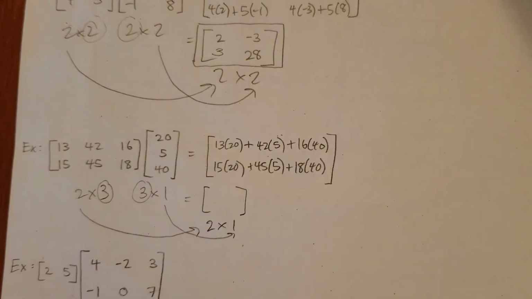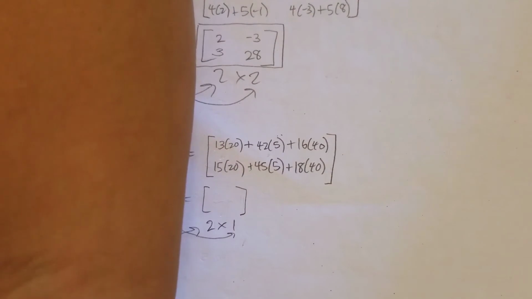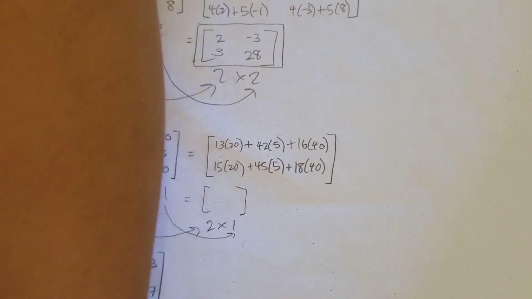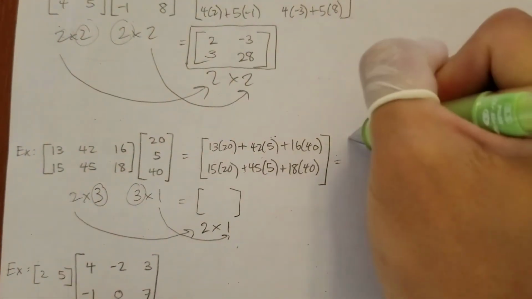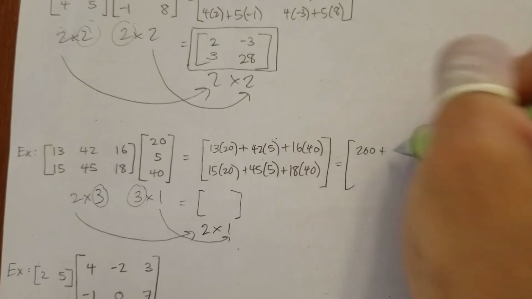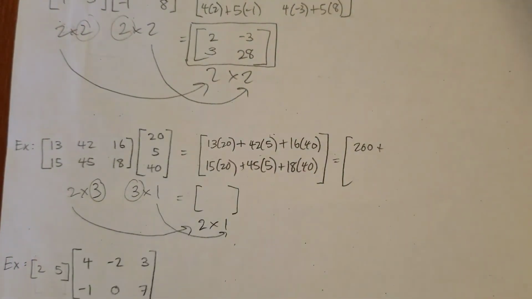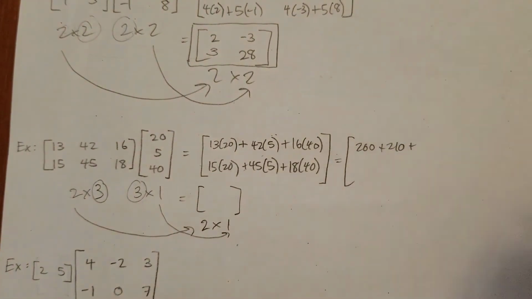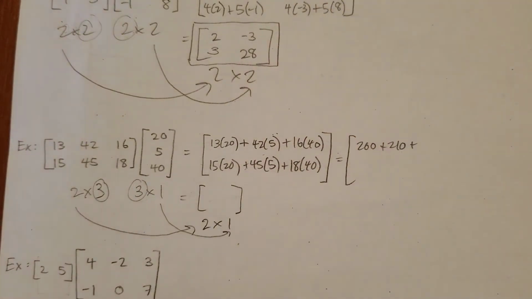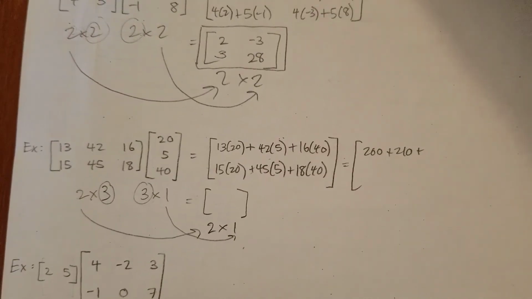So now what we do is we need to simplify this. So 13 times 20, I'm just going to use a calculator honestly. 13 times 20 is going to be 260. 42 times 5 is going to be 210. 16 times 40 should be 640, I believe.